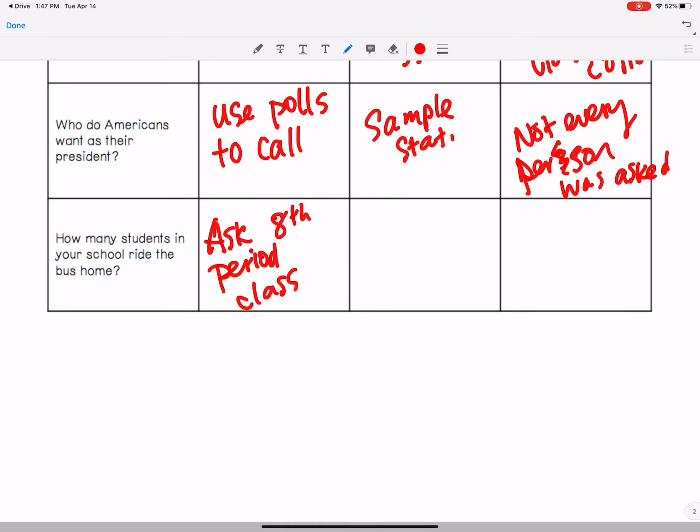Now, would that be a sample statistic or a population statistic? You're not asking everybody, so that one would be a sample statistic. And why is that? Because it would be difficult to ask every kid in the entire school. So I'm going to just put down here, if you put quotes, that means, hey, I'm writing the same thing, okay? Not every person was asked, so that one's a sample statistic.